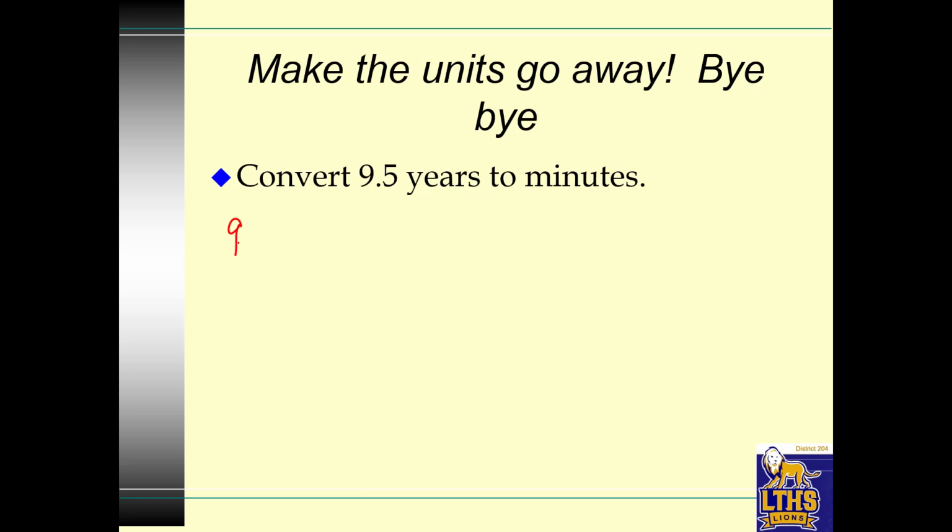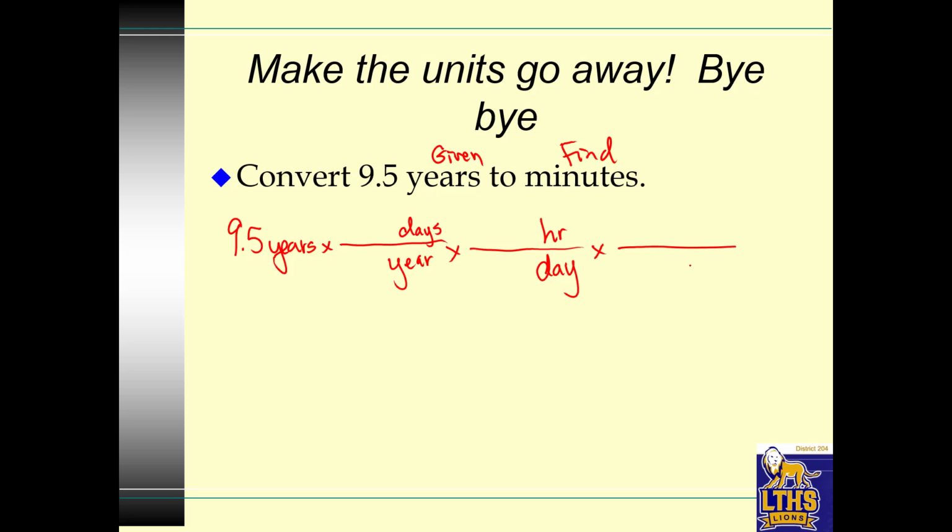So we want to change 9.5 years into minutes. This is what we're given, and this is what we're trying to find. We're going to use ratios as conversion factors. Now I don't know how many minutes are in a year, but I do know that for every year there's a certain number of days, for every day there's a certain number of hours, and for every hour there's a certain number of minutes.